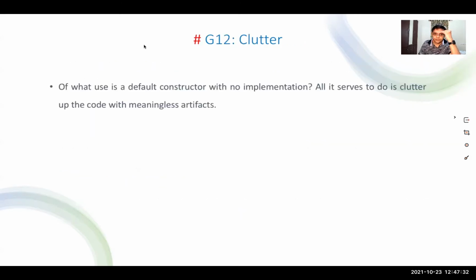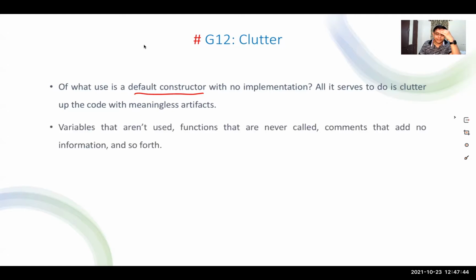Cluttering means, for example, if there is a default constructor with no implementation, we actually don't need it. We can delete it, because it will clutter your code if it is not used. There are also variables and functions that are never called, and comments that add no information.